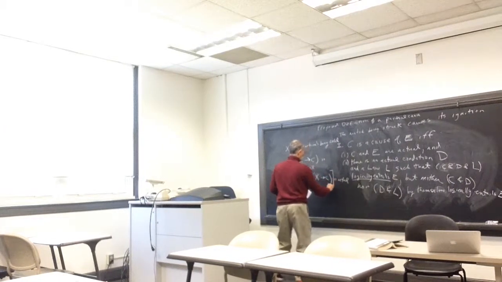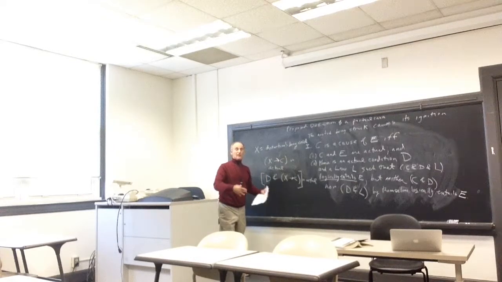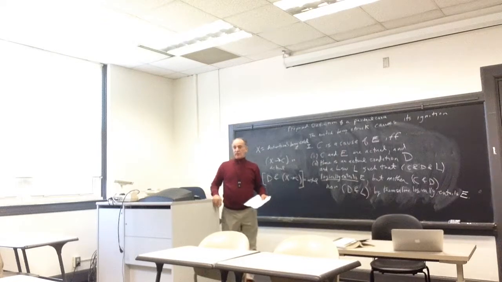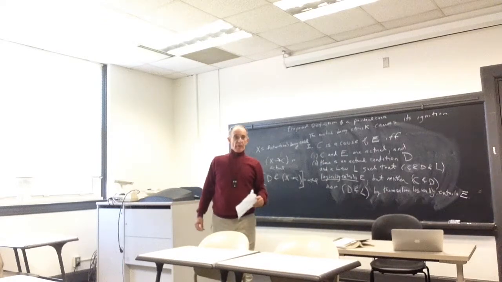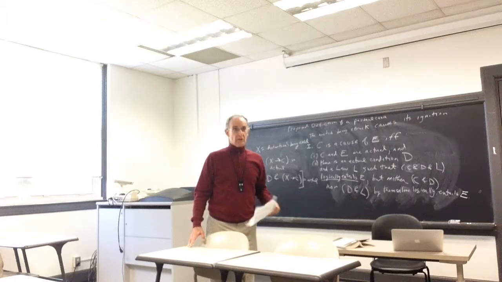The conjunction of D and if X, then C, that's going to be actual, because a conjunction is actual when and only when both conjuncts are actual. P and Q is true if and only if both P and Q are true. Otherwise, it's false. If either one or both of the conjuncts of a conjunction are false, then the whole conjunction's false.